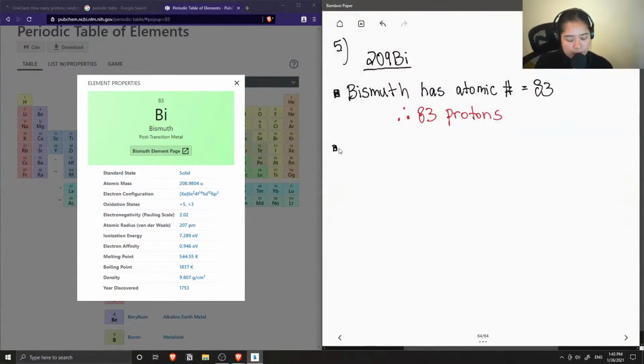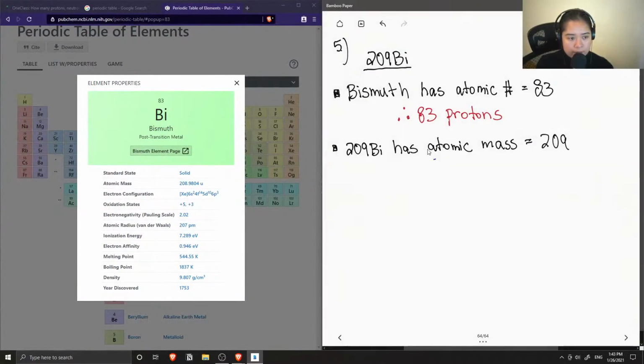And the 209 is the atomic mass of our isotope. So I'll just write that here. 209 Bi has an atomic mass equal to 209.